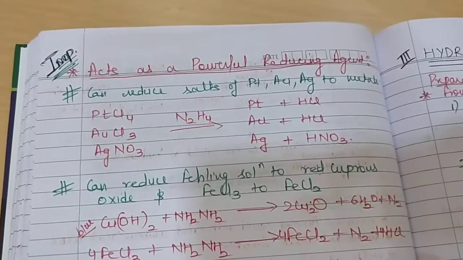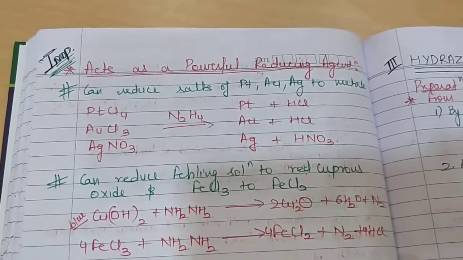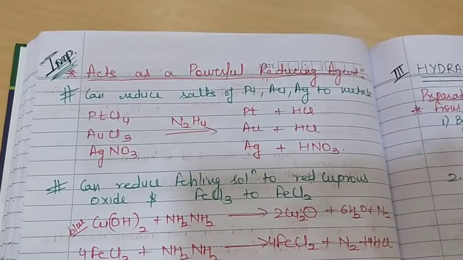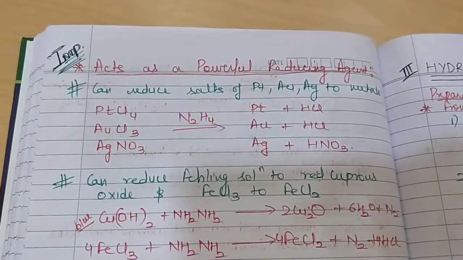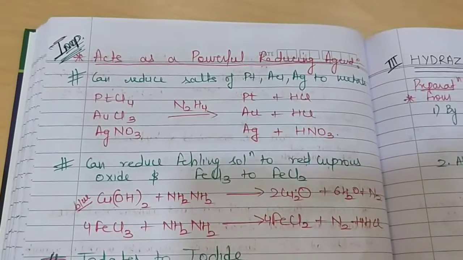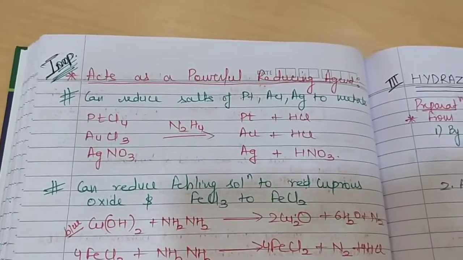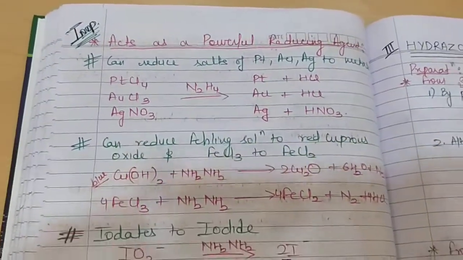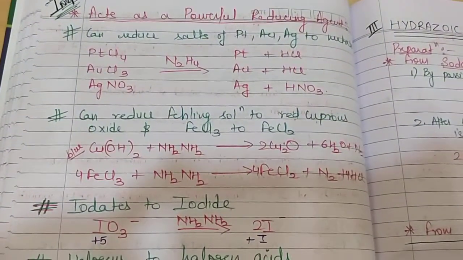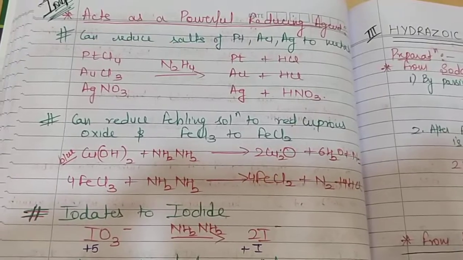Reducing character of hydrazine. It can reduce salts of different metals like platinum chloride, gold chloride, and silver nitrate to pure metallic forms. It can also reduce Fehling's solution, which is blue in color, to cuprous oxide, which is red in color.